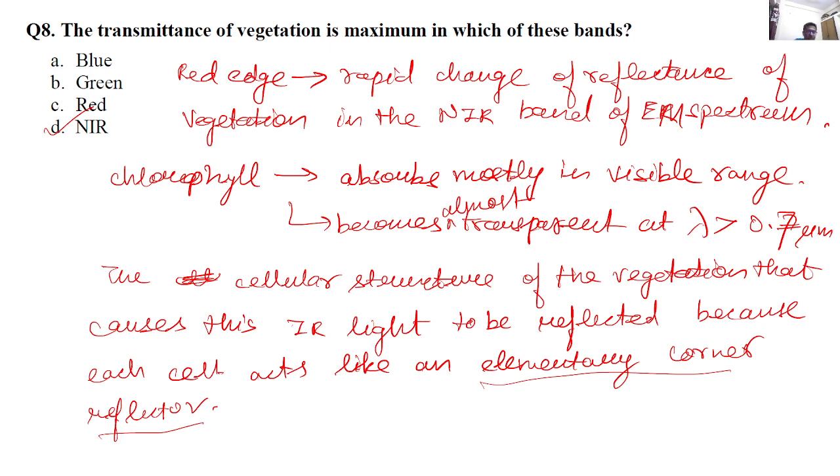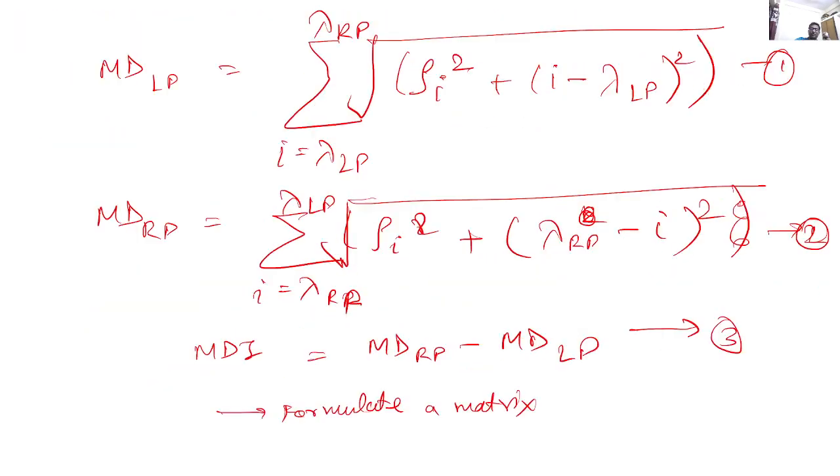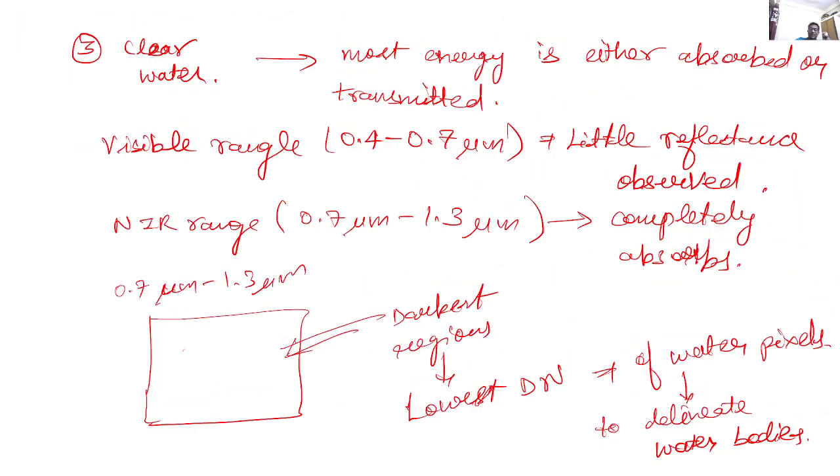So it changes the reflectance from 5 to 50 percentage as we move from 0.68 micrometer to 0.73 micrometer. So it's changing massively.